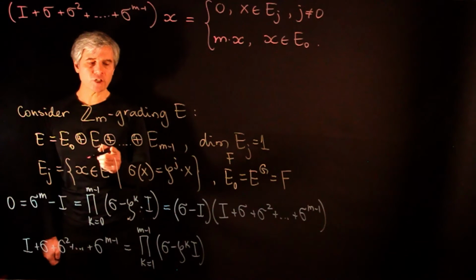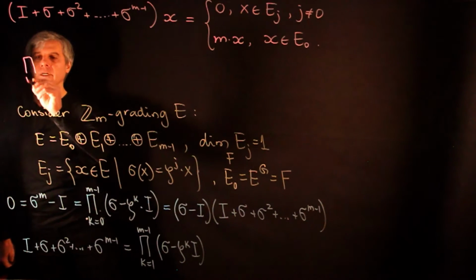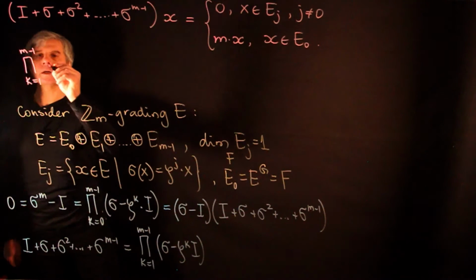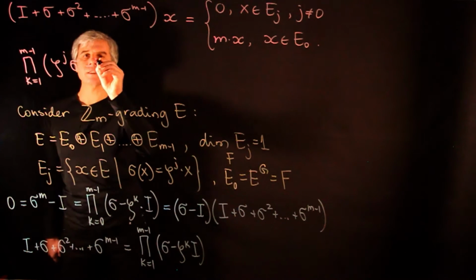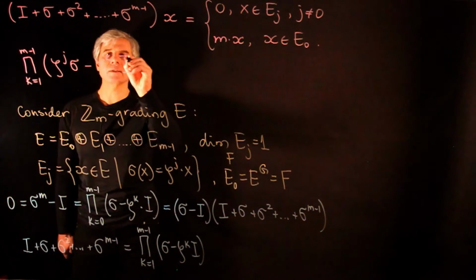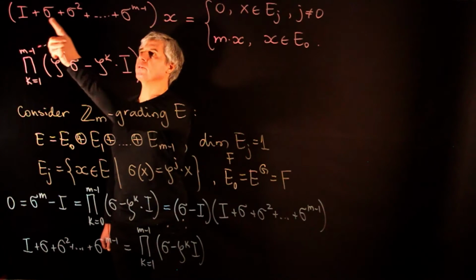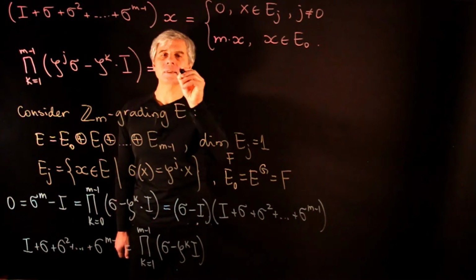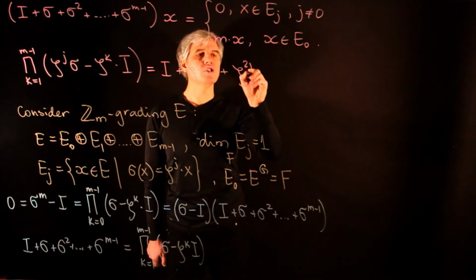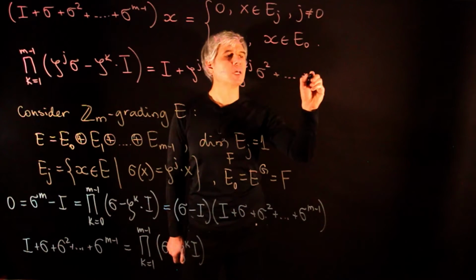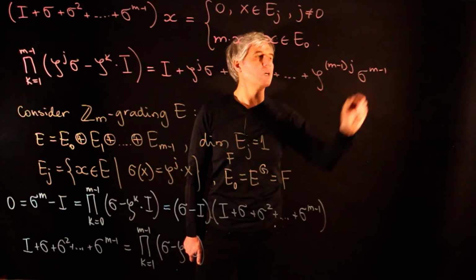To construct a projection operator to component Ej, we slightly modify this construction. So we consider the product, k goes from 1 to m minus 1, of zeta to the power of j times sigma minus zeta to the power of k times identity. To expand this, we substitute zeta to the power j sigma instead of sigma, and we get identity plus zeta to the power of j sigma plus zeta to the 2j sigma squared up to zeta to the m minus 1 j sigma to the m minus 1.